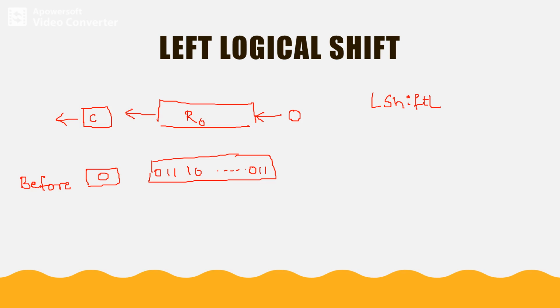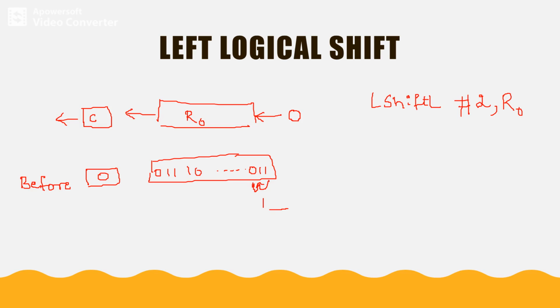L shift L, counter is 2, that means 2 times we have to shift the content of the register R0. During the first shift operation, this 1 will be shifted to the previous location, so this location will be vacant now.